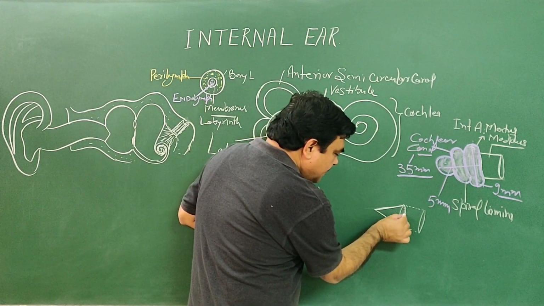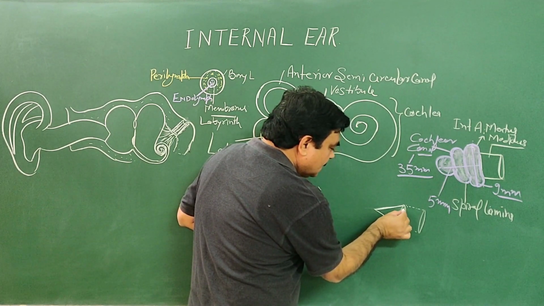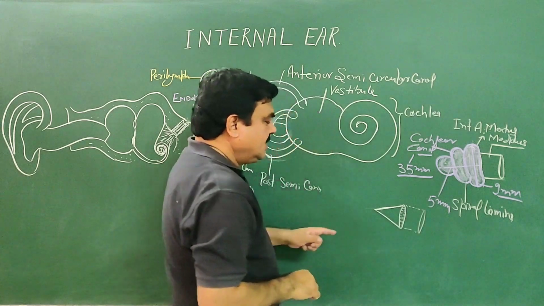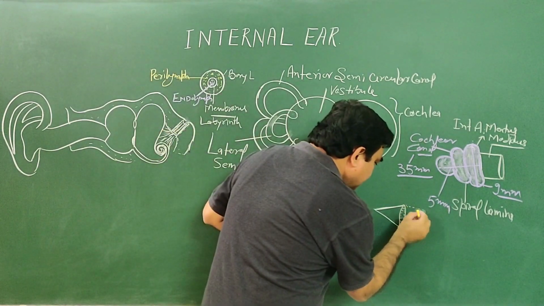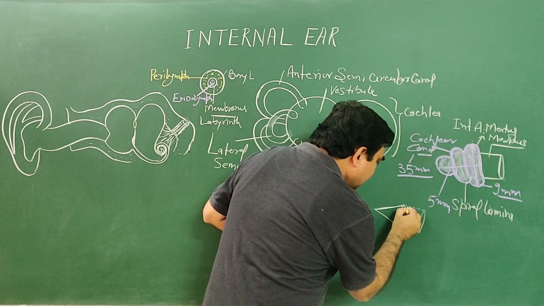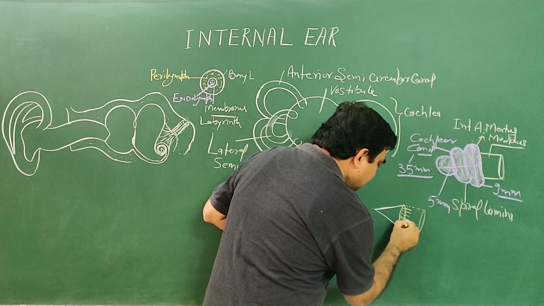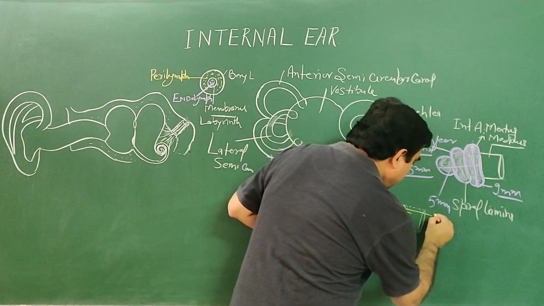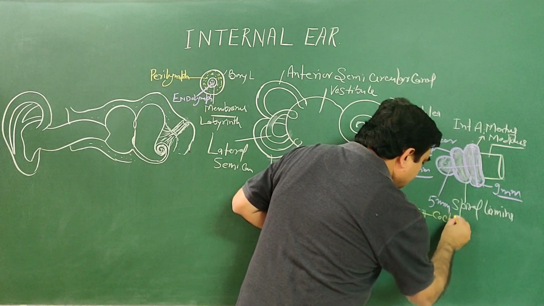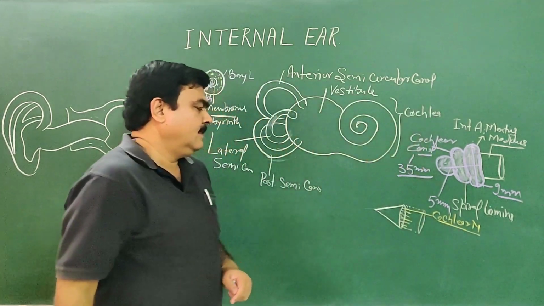Here, numerous openings are present. This opening is the spiral tract, and it gives passage for the cochlear nerve. Fibers of the cochlear nerve pass through this opening.